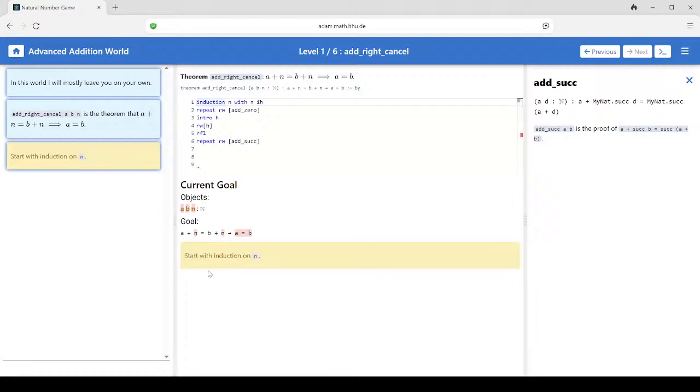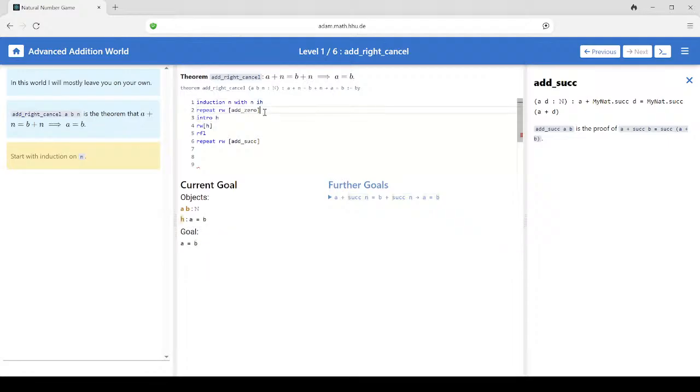What hints would it give me? Start with induction on N. Okay, so I was at least on the right track with that. Meaning I'm still on the right track here.